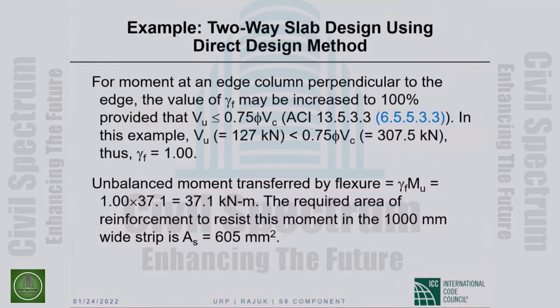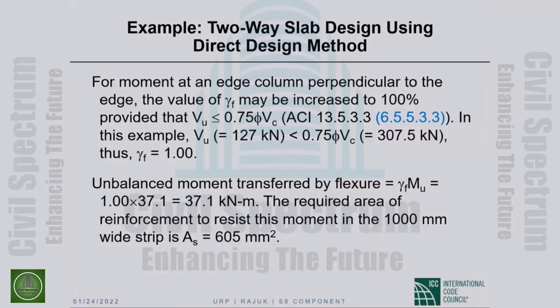Now we want to take advantage of what Jacob Grossman gave us. So for moment at an edge column perpendicular to the edge, the value of gamma sub f may be increased to 100% provided the V sub u is less than 75% of phi times V sub c.